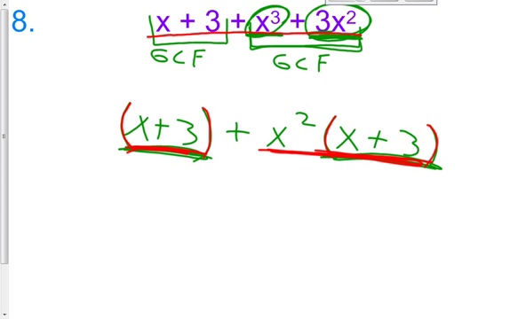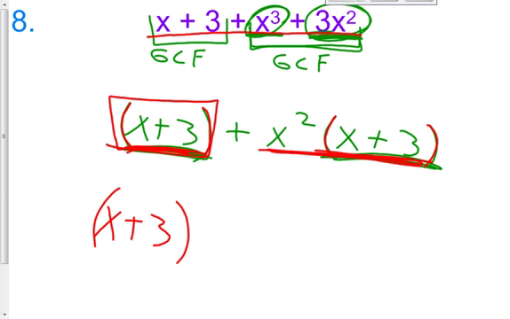Let me show you what I mean. If I take out the x plus 3 out in front, after I've done that, what is left from this term? Hopefully you see that you took out the whole thing, so what is left? Don't say 0. What is left is a positive 1. This is 1 times x plus 3.